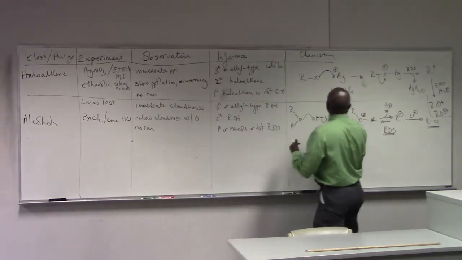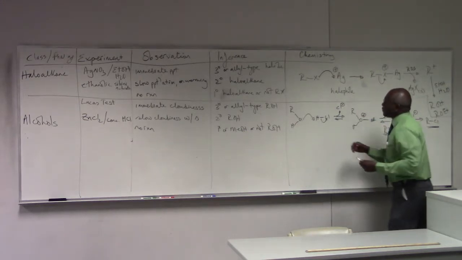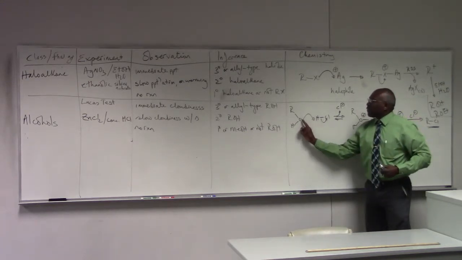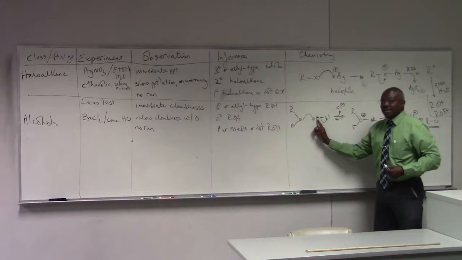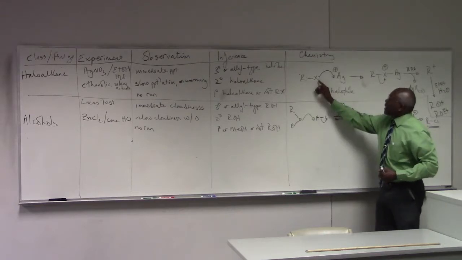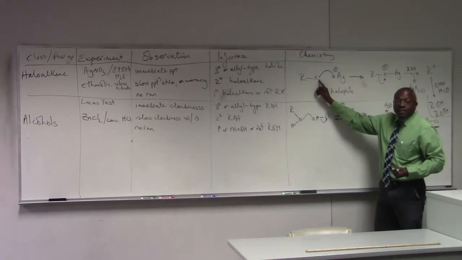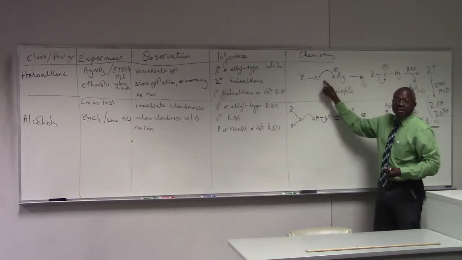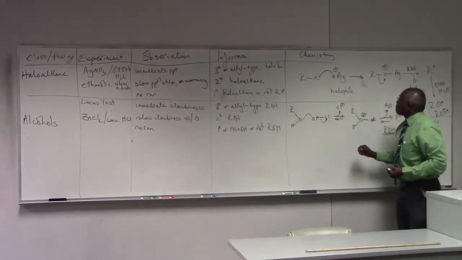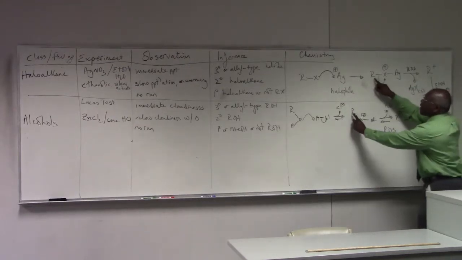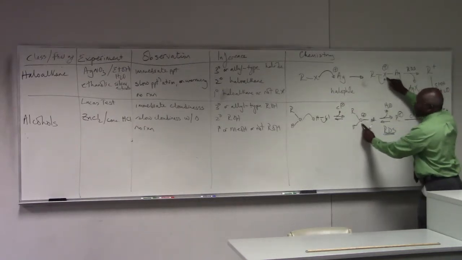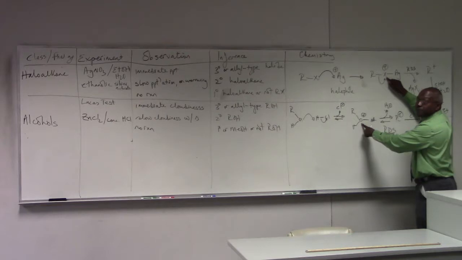It's very instructive that even though the tests are different, the fundamental chemistry is exactly the same. And I think it's worth pointing out that here's the alcohol with the lone pair attacking the HCl, here's the haloalkane with the lone pair attacking silver. That's a base. This is really an acid-base reaction. It gives rise to R attached to a heteroatom with a positive charge.